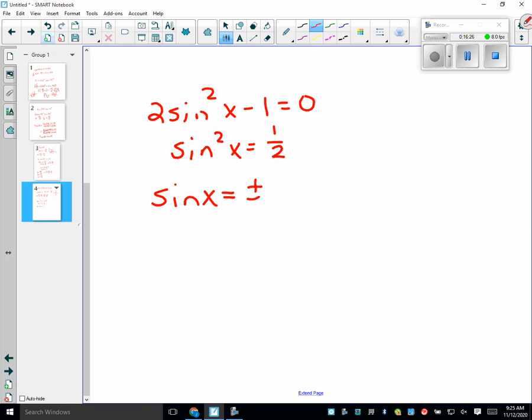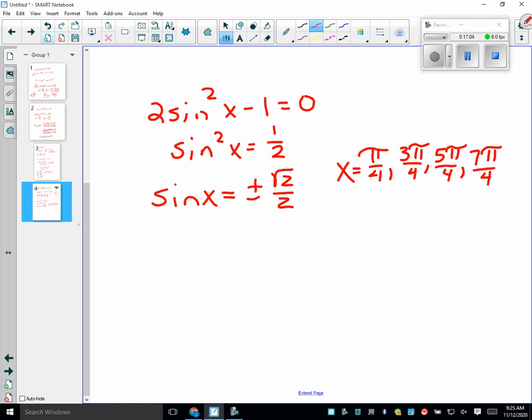Plus or minus radical 2 over 2. Don't forget plus or minus. So is that going to happen in all 4 quadrants? Yeah. And what is my reference angle? So I have pi over 4, then what? 3 pi over 4. But then you have to check your answers, right? Because you squared it. No, only if you square it, not square root.